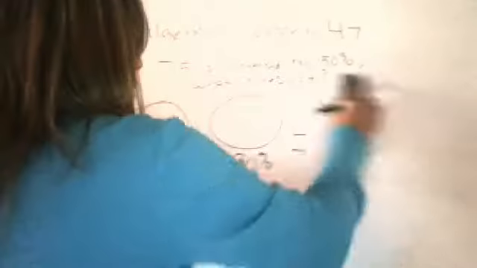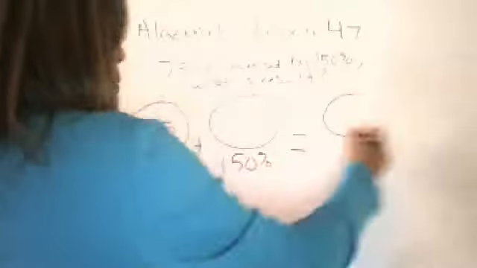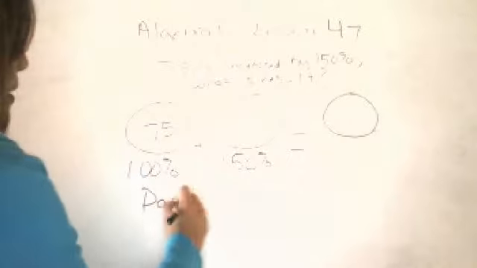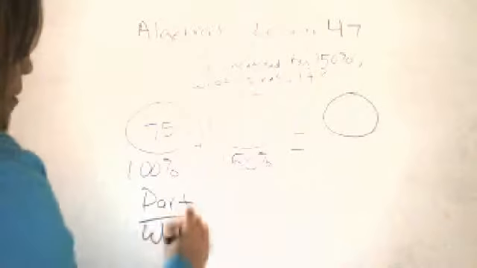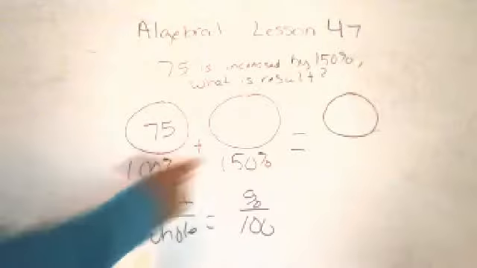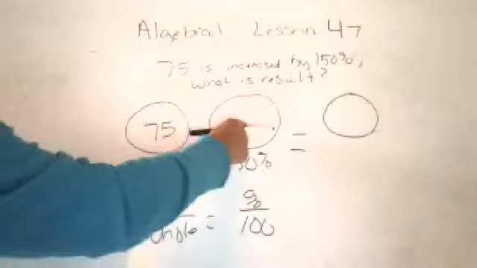We wanted to know what we got, so we have to really add this plus this. So our part over our whole equals percentage over 100. Because this is 150% of that, and we add it together.